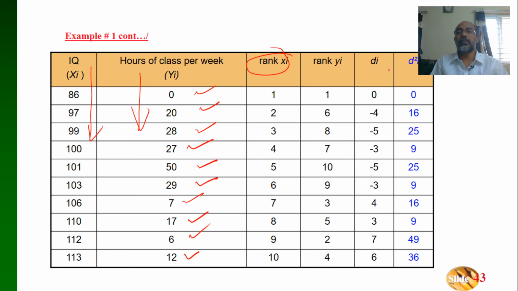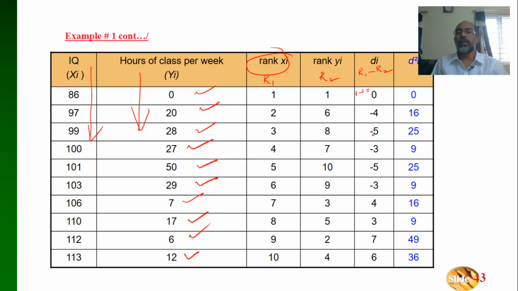Then what is di? As I said, this is R1 and this is R2. R1 minus R2: here 1 minus 1 is 0. Here 2 minus 6 is minus 4. 2 minus 6 is minus 4.